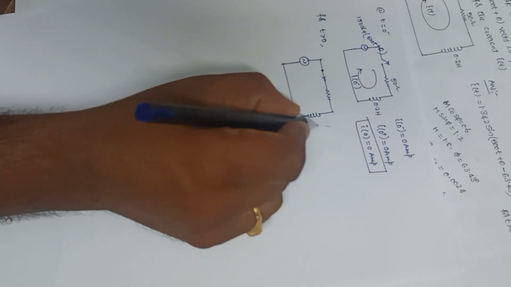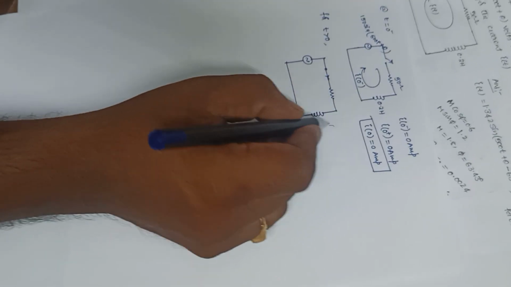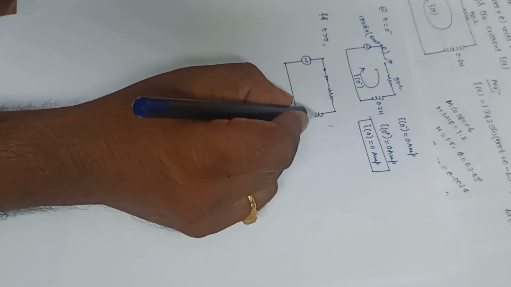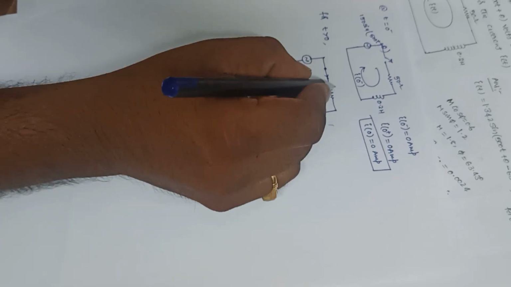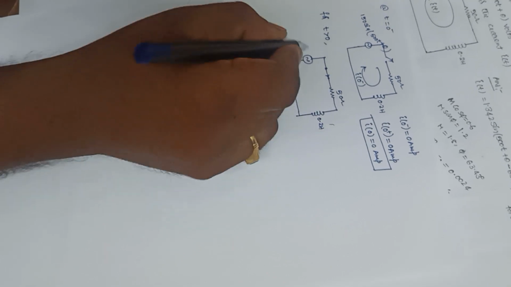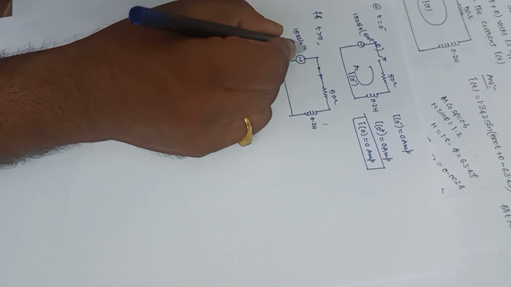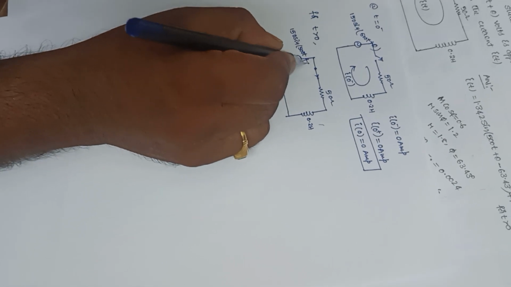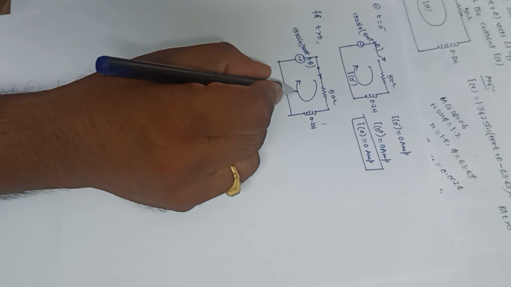Previously there is no current flowing through this, so I need not place I naught here. This is 0.2 Henry, it is 50 ohms and this supply is 150 sin(500t plus theta). So this is the supply I of t.